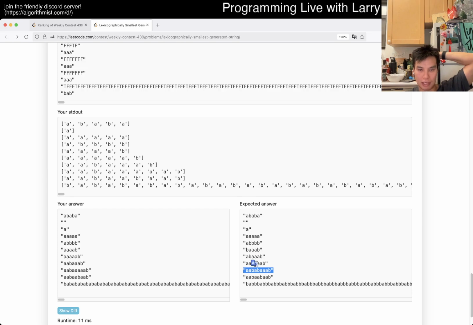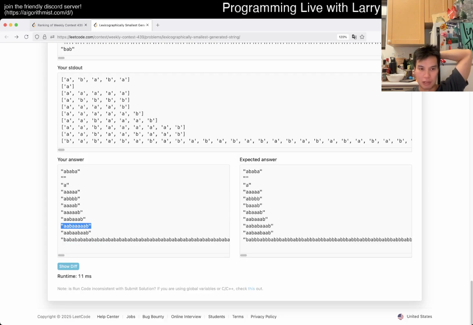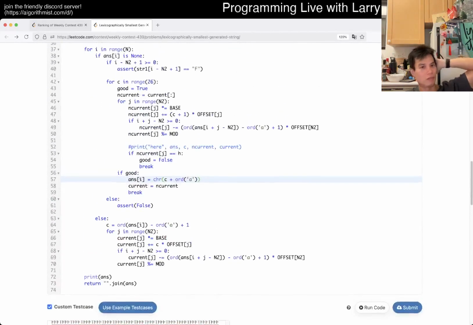Oh no, I'm looking at the right answer. The right answer is right. My answer is wrong. This is right, which is nice, but this is still wrong. That's the case that we struggled with, brute forcing the last thing. And this is just very wrong as well. This is also wrong. So a lot of wrong things.